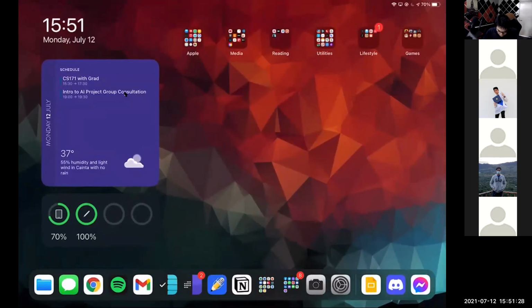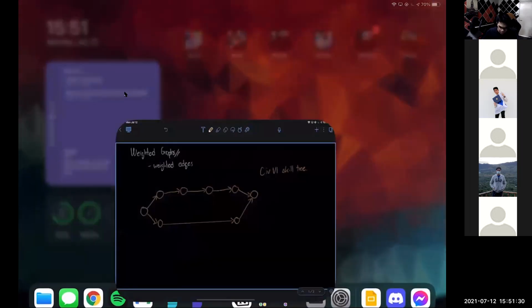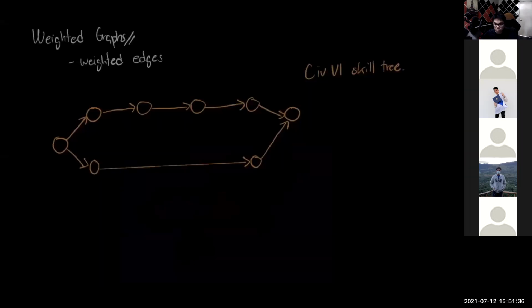So that's Civ. And let's pretend that we are there and we have this skill tree. Let's say we are here at the Stone Age. And then this one here is maybe when writing was developed.